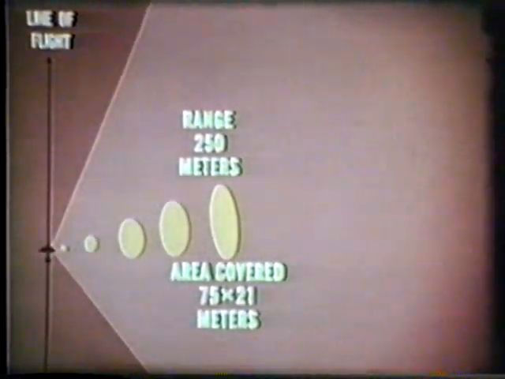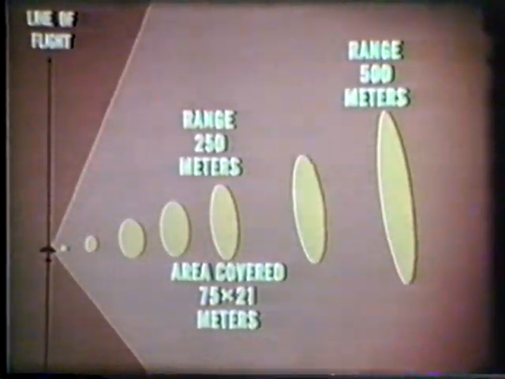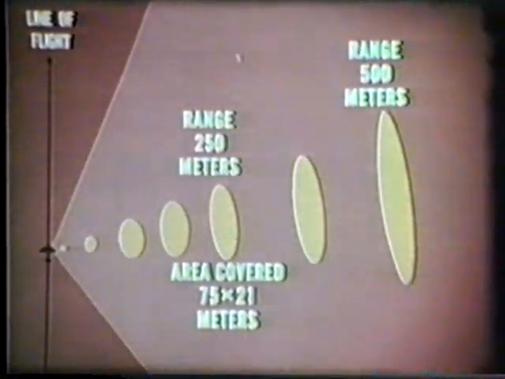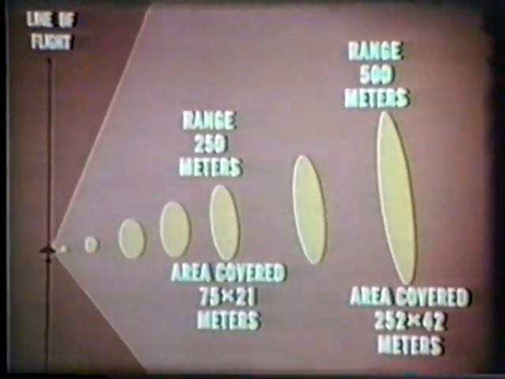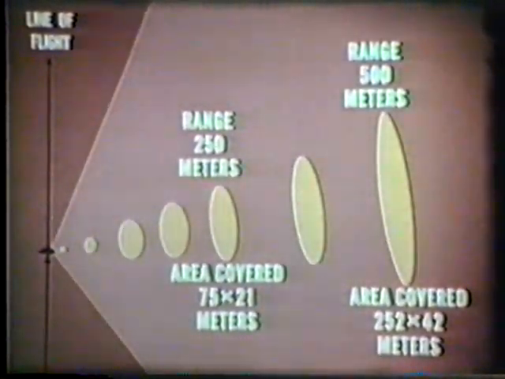The pattern becomes more elliptical at greater ranges. At 500 meters, you can discern detail in the space of approximately 252 meters by 42 meters. You can see additional area without foveal vision, but not in enough detail for observation purposes.